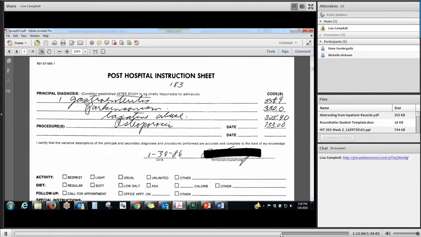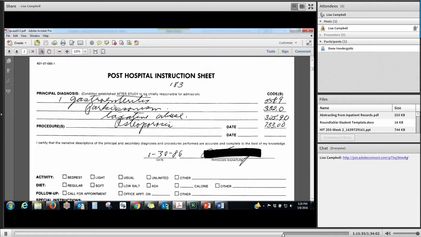So they have a post-hospital instruction sheet here, which was very popular in 1986. But what they're saying here, principal diagnoses, condition established after study to be chiefly responsible for the admission. So the doctor wrote this in, and then this is what the coder coded in ICD-9. Keep in mind, we're not coding ICD-9, we're coding ICD-10.